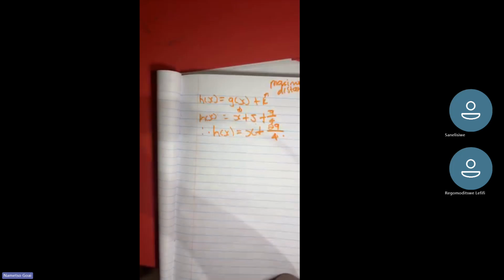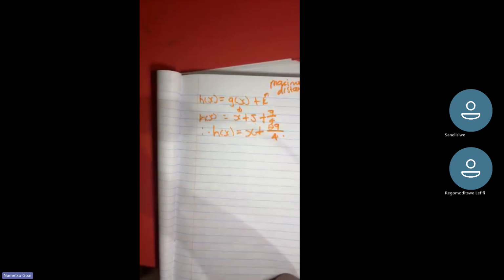Okay, so it's question 6.1. Let's look at what it's saying to us. So they're saying we're given a function g of x. So it's an exponential function, right? G of x is 3 raised to the power x, right?